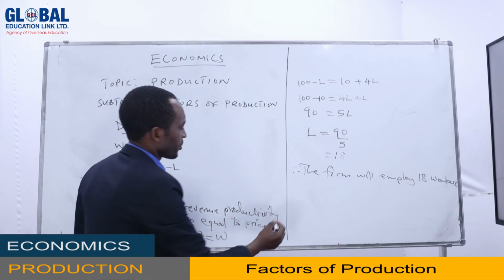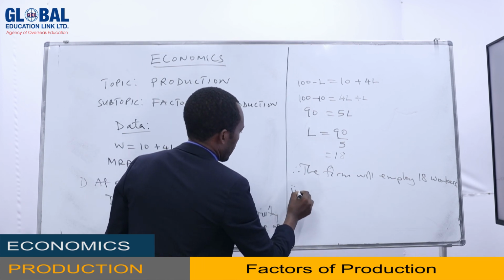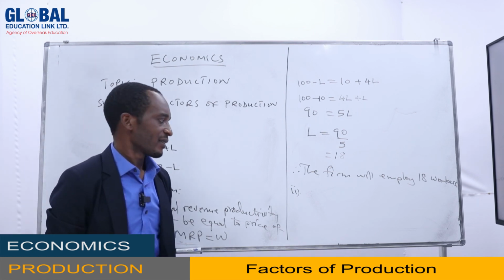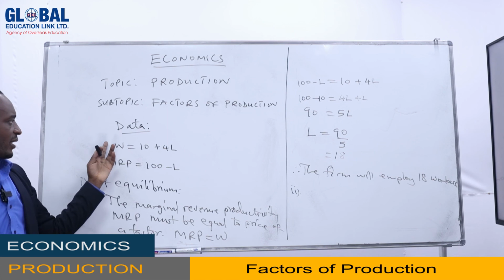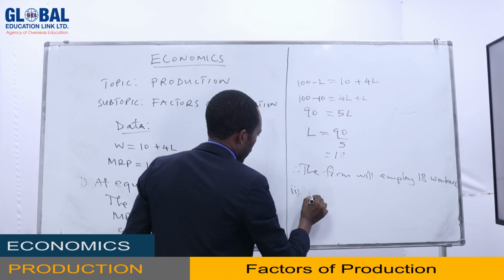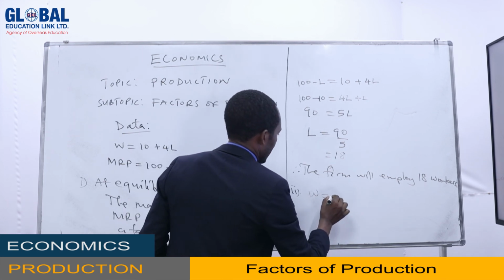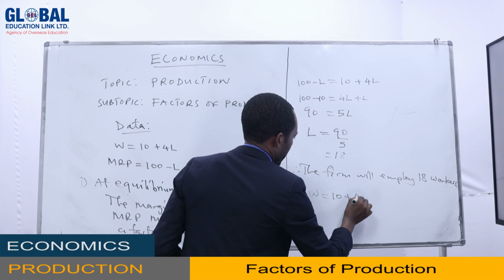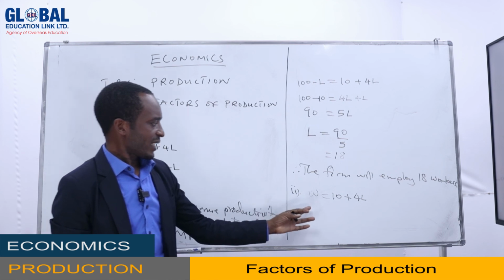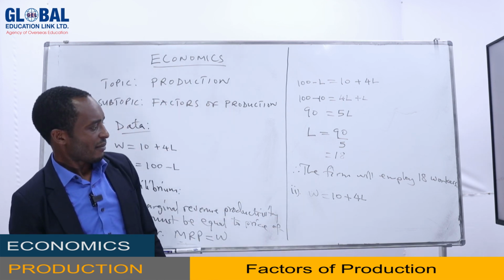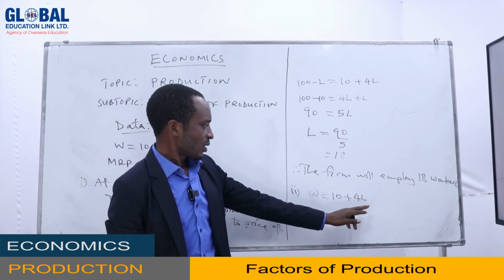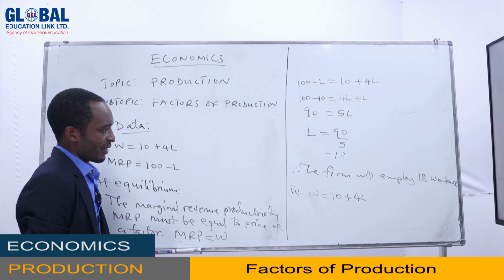Again, Roman 2, we asked what wage rate will it pay? So we know our wage rate equation is this one. We know wage equals 10 plus 4L. So to get the wage rate that a firm is going to pay, you need to substitute the number of labor in this equation.